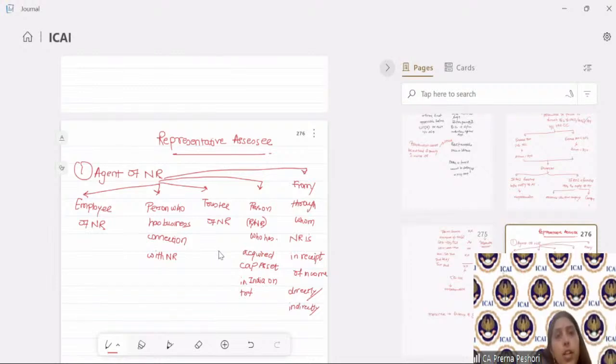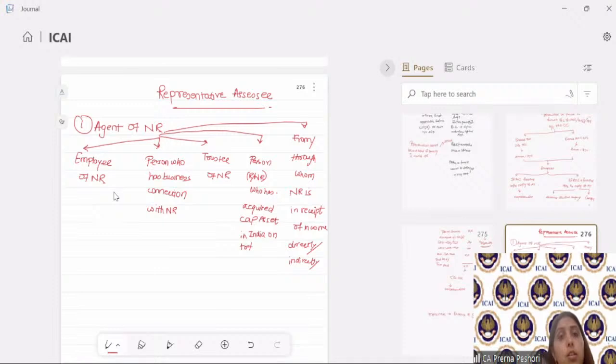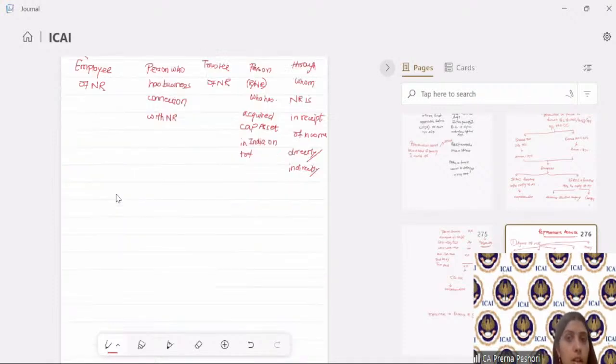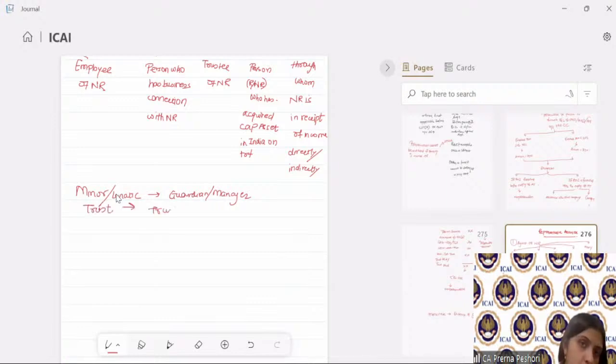So employee, trustee, person who has business connection, person who has acquired the capital asset, or from whom the non-resident is in receipt of the income. In case of minor or lunatic, it is the guardian or manager. In case of trust, it is the trustee. So these are the representative assessee.